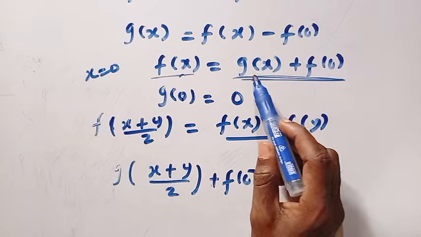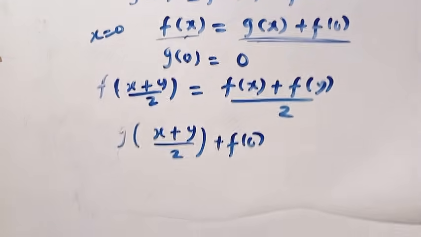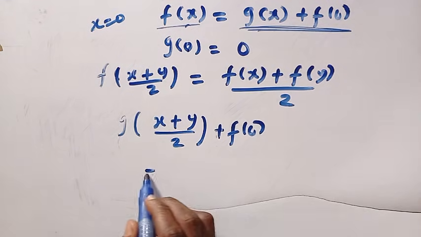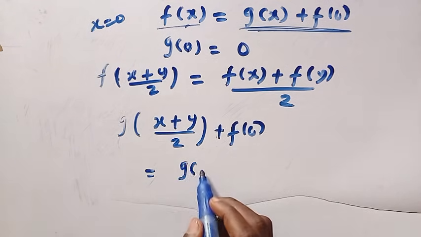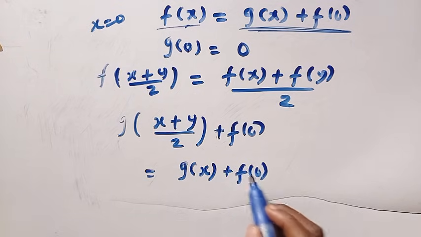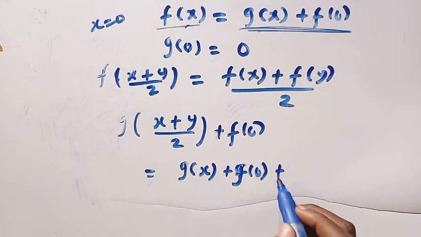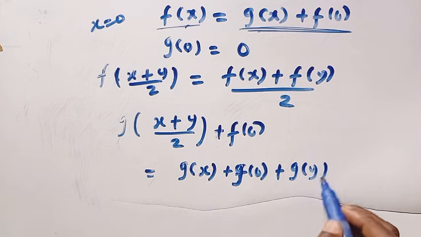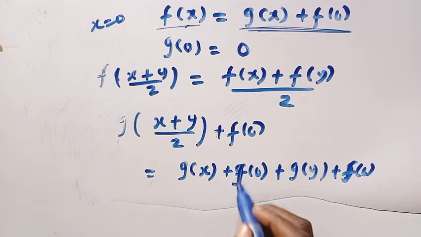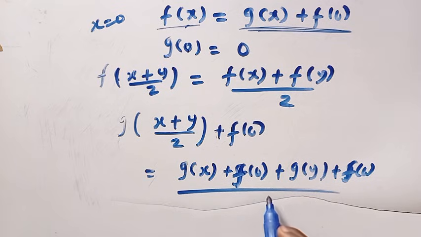So for y, we have g of y plus f of 0. This is for the left hand side, and for the right hand side, we have g of x plus f of 0 plus g of y plus f of 0, everything divided by 2.